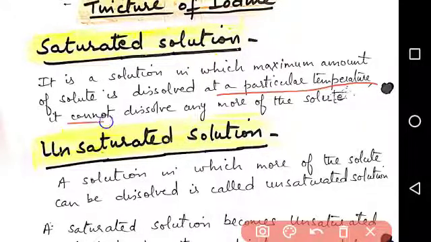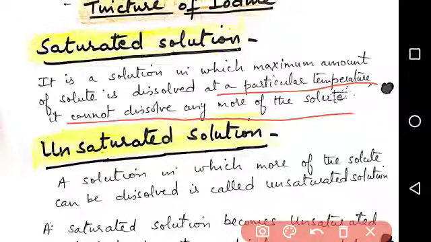It cannot dissolve any more of the solute, means at a particular temperature the maximum amount of solute which can be dissolved, so then it is called a saturated solution. It cannot dissolve more of the solute. And an unsaturated solution is a solution in which more of the solute can be dissolved.